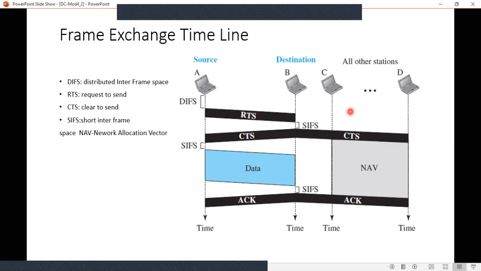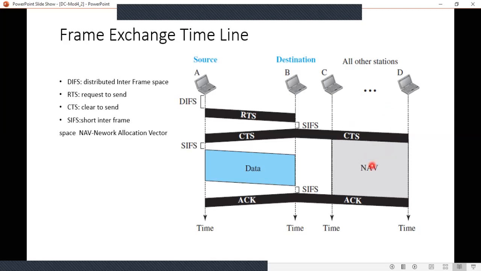Those stations affected by this transmission, that is the transmission between A and B, will create a timer now. That is, it will set a timer called the NAV, the network allocation vector timer, which is the time present in the RTS, isn't it? That shows how much time must pass before these stations are allowed to check the channel for idleness.